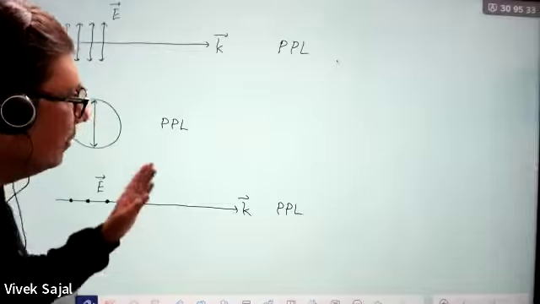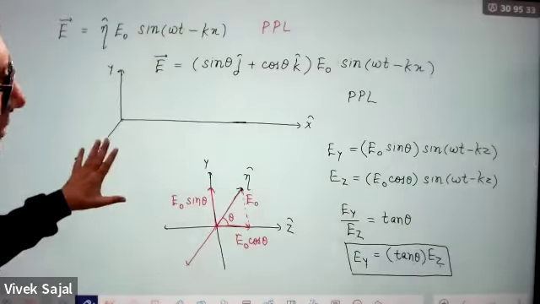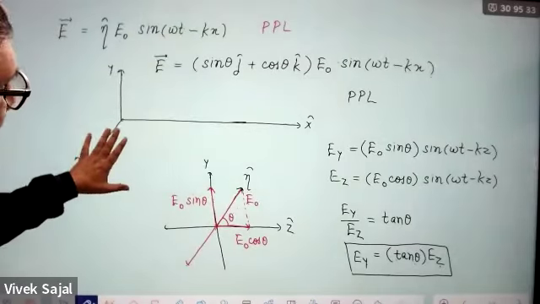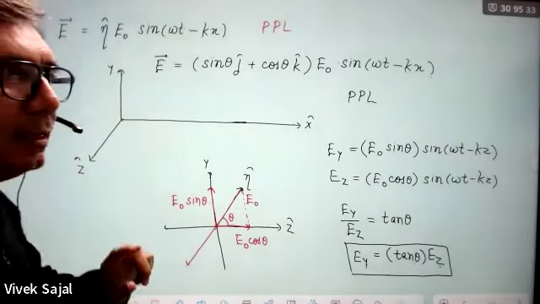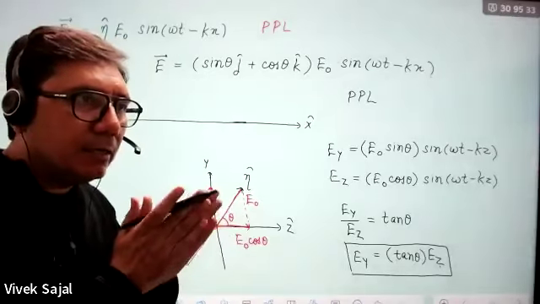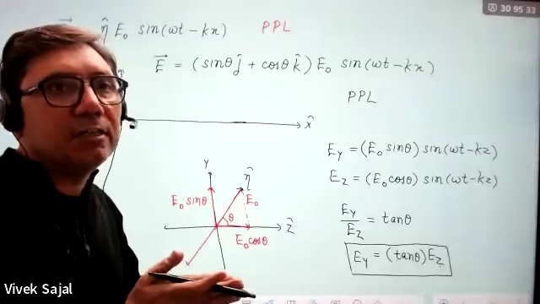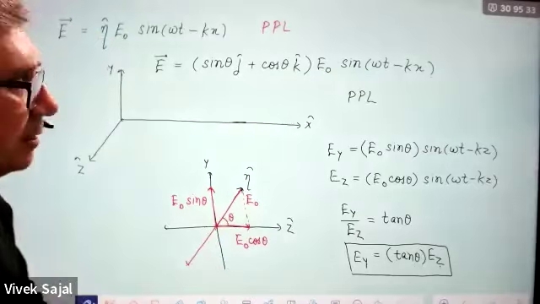Another way to understand why I was discussing this case, try to understand from this example that electric vectors of a plane polarized light can always be resolved into two mutually perpendicular directions.